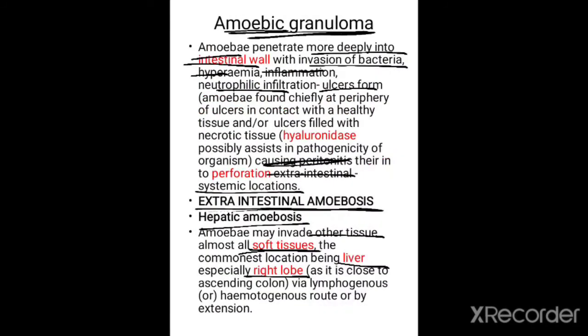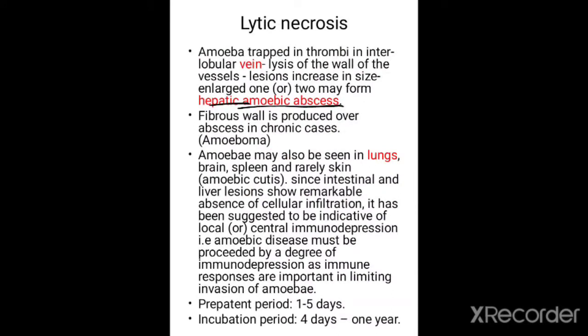By portal circulation, Entamoeba histolytica will reach the liver where it will cause the hepatic amoebic abscess, in which amoeba trapped in thrombi in the interlobular vein leads to lysis of the vessel wall, and following this the lesions increase in size, and one or two enlarged lesions may form the hepatic amoebic abscess. Amoeba may also be seen in lungs, brain, spleen, and rarely in skin also.